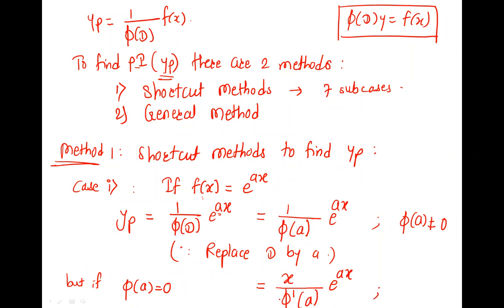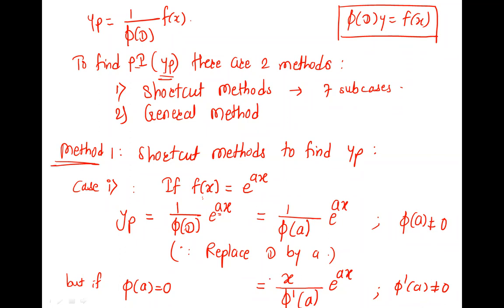But once again, that phi dash of a should not be equal to 0. We are taking the derivative of this phi d, that is phi dash d, and again applying the case, that is replace d by a, so it is phi dash a. But there is multiplication by the independent variable.